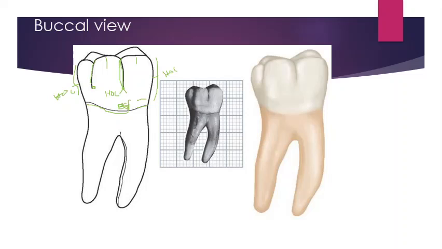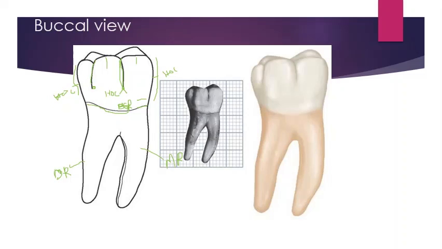The roots which are obvious on the buccal aspect are two roots: one is the mesial root and the other is the distal root. The mesial root is a bit thicker as compared to the distal root. So this was all about the buccal view of the mandibular first molar.